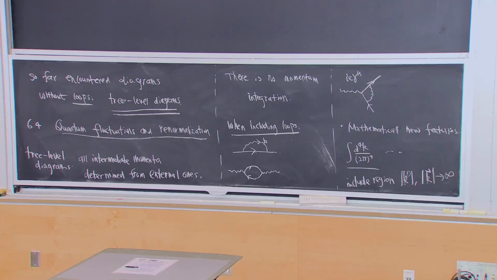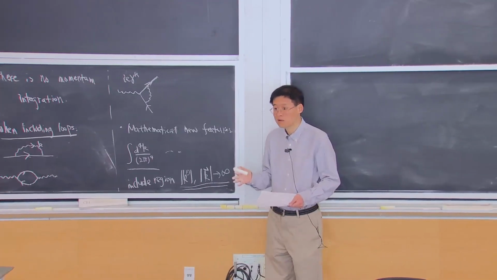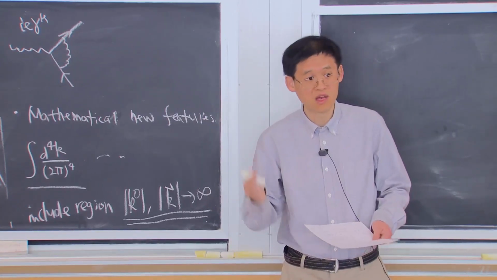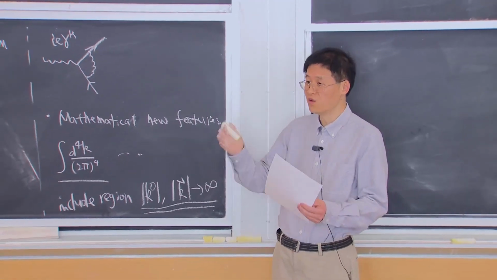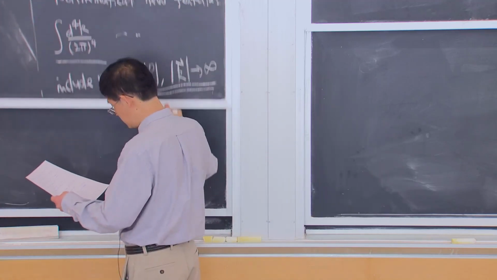So we include those regions. If you have this kind of infinite range of integrals, then there's a possibility you get divergence. And in fact, that divergence does happen, and happens almost everywhere. Whenever you look at loop diagrams, you essentially always find divergences.